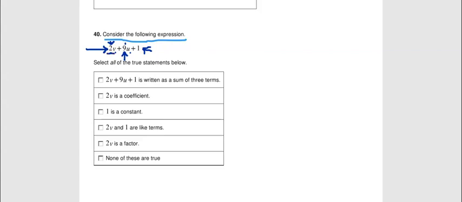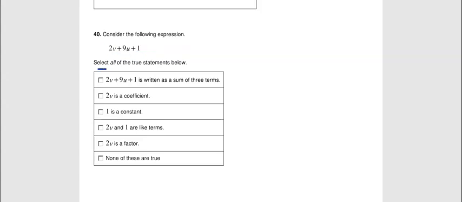Each one of these in between the operation is called a term. So the 2v together is called a term, even though the 2 is considered a coefficient and the v is a variable, them together is a term because they're between the plus sign. Same thing with 9 as the coefficient and u as the variable, but 9u together is a term. And then 1 all by itself is a constant, but that is also considered a term. Now having that information, let's see if we can answer the rest of these questions.